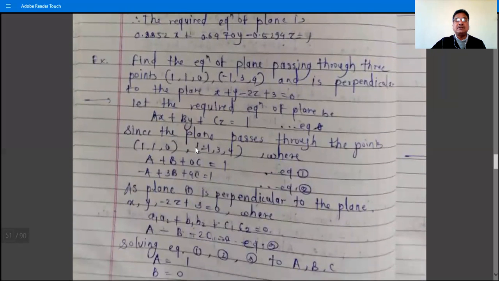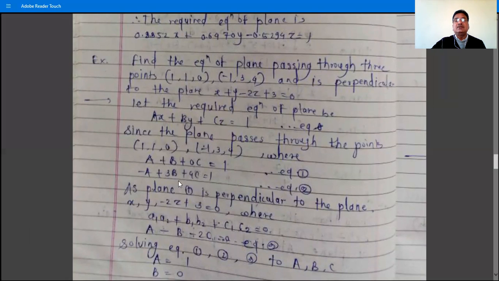When the 2 planes are perpendicular, the multiplication of the coefficients of x plus the multiplication of the coefficients of y plus the multiplication of the coefficients of z is equal to 0.